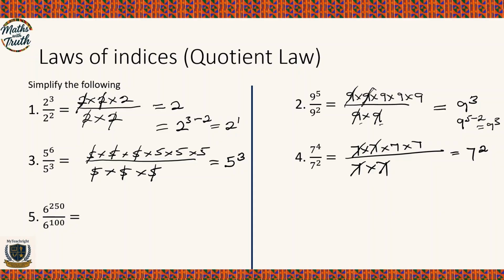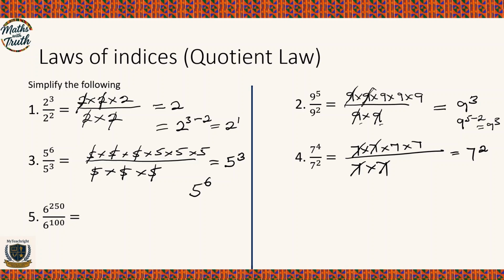Similarly, with example 3, we started off with 5 exponent 6 in the numerator, and then we cancelled out 3 of them because in the denominator we have 5 exponent 3, meaning 5 multiplying itself 3 times.